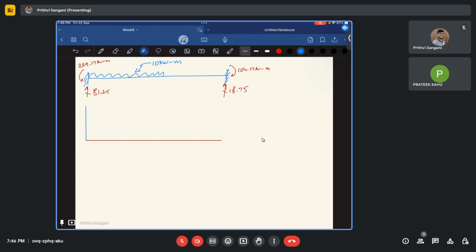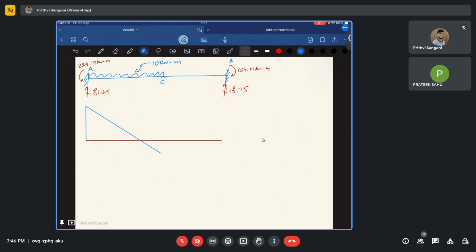This is my shear force at support A, and at C, 81.25 minus 100 is going to be minus 18.75. So at C it comes downwards, and I join this with a straight line. This is A, this is B, and this is C.